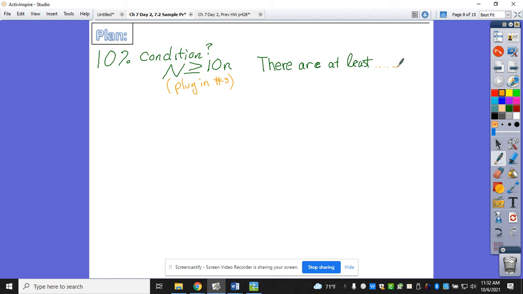I don't know if we wrote that on our paper. We wrote a different approximation. Oh, I didn't have you write that part too. Oh, yeah, you did. It should have said there are at least 15,400 adults.